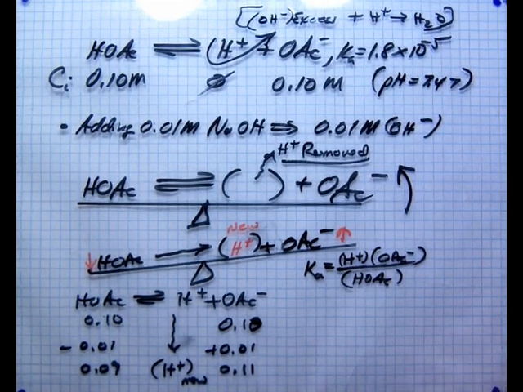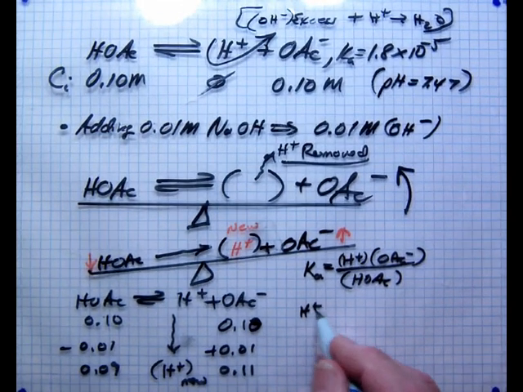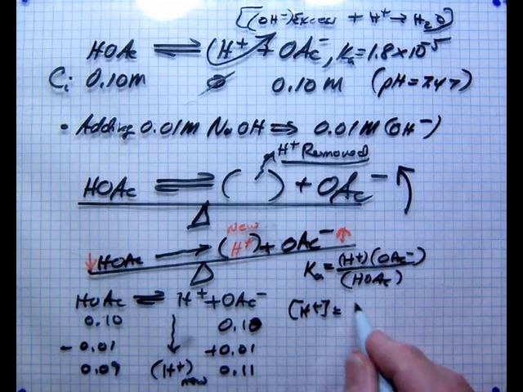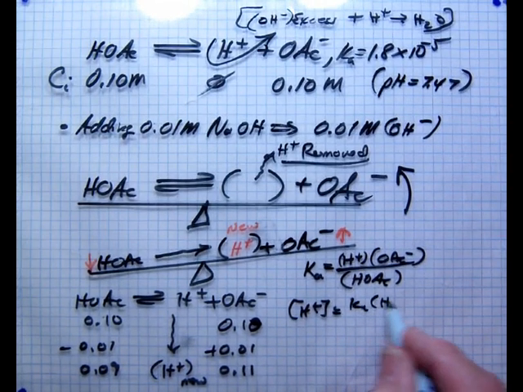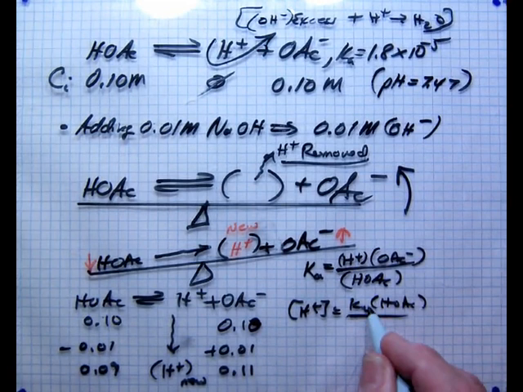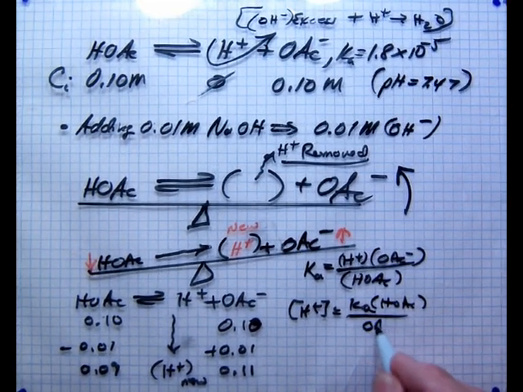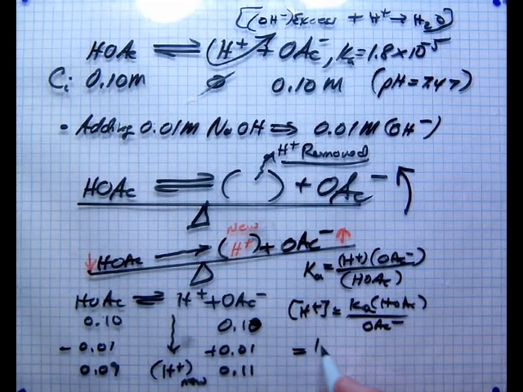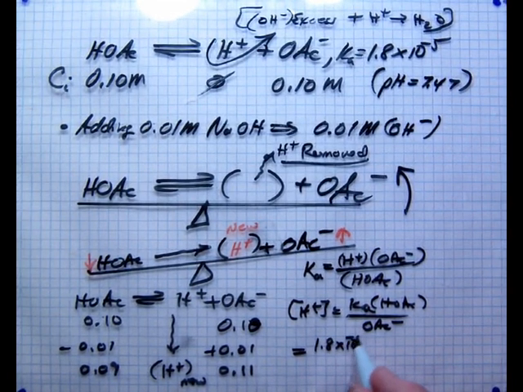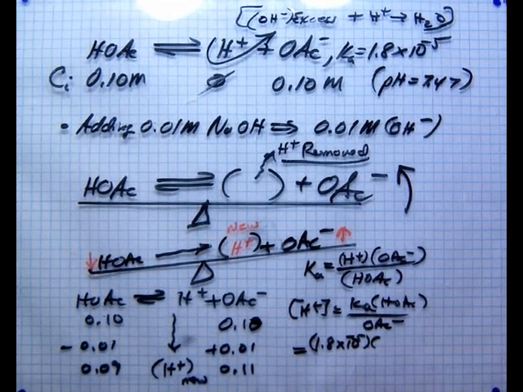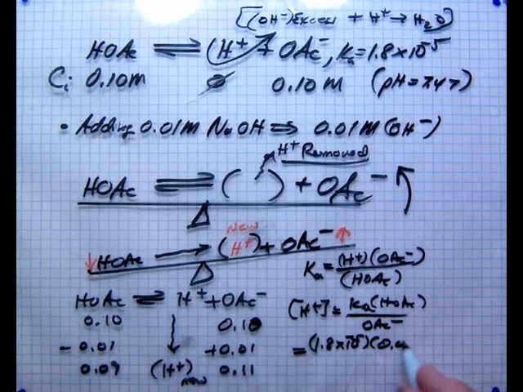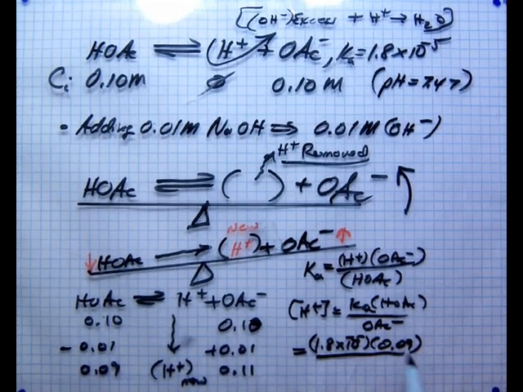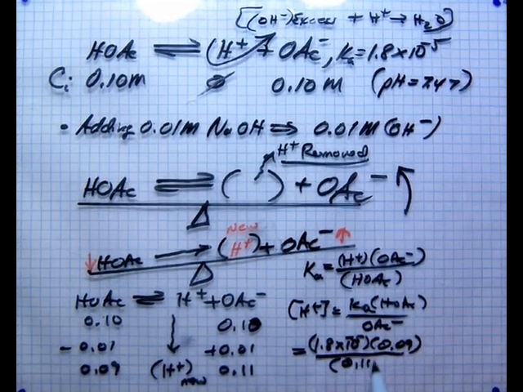over HOAc. Again, we solve for the hydronium ion, and we have Ka times HOAc over OAc-, and this will give us 1.8 times 10 to the minus 5, and the 0.09 goes on top this time, and 0.11 goes there.